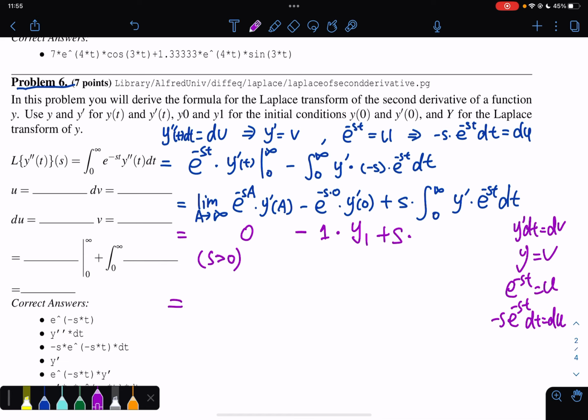So my new problem becomes 0 minus 1 times y1 plus s multiplied by this whole expression, which I'm going to write out as integration by parts.